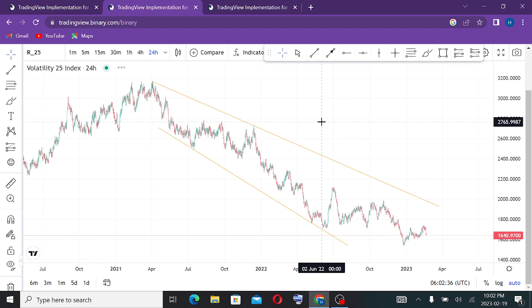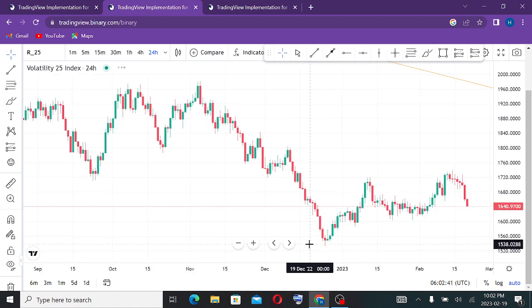So because we know that market is on a downtrend, we can now go to the lower time frame to amplify our trade.